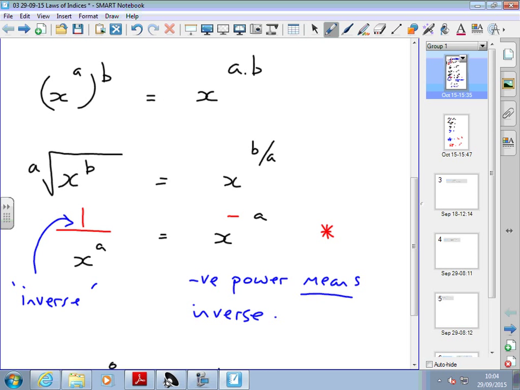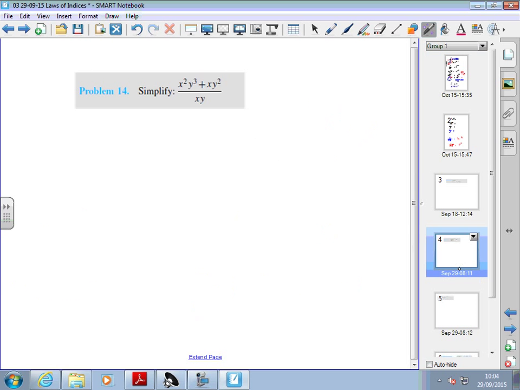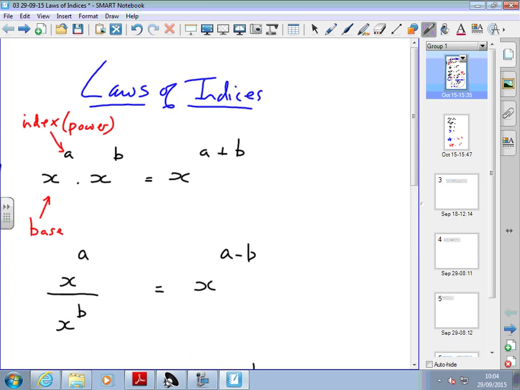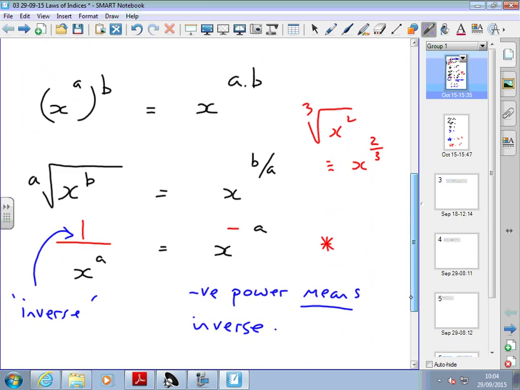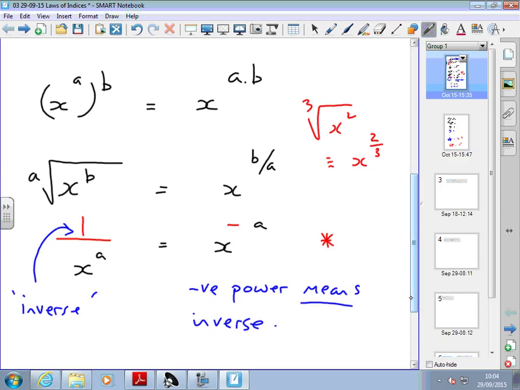So the cube root of x squared, according to this rule, is equivalent to x to the 2 over 3 as a fraction. I'll rewrite that root as a fraction, so they are equivalent to each other.